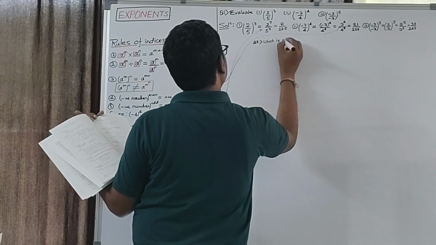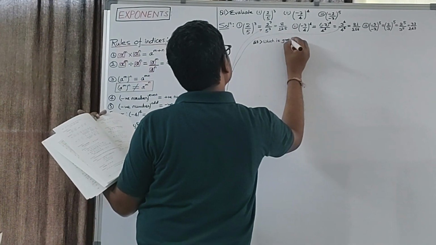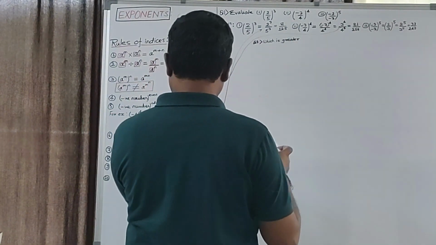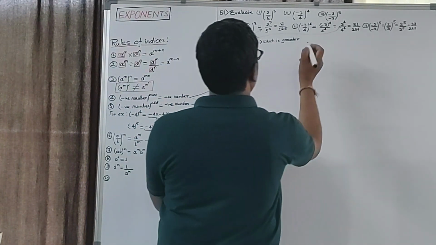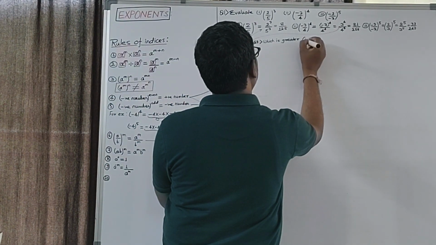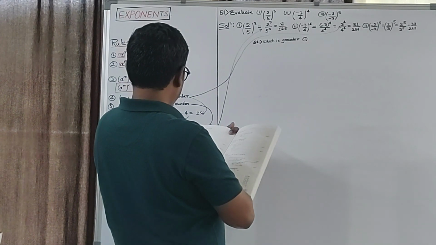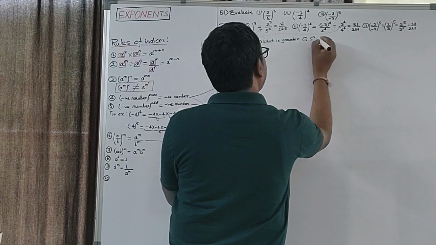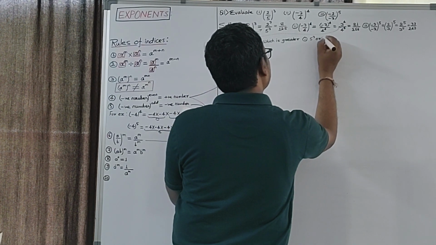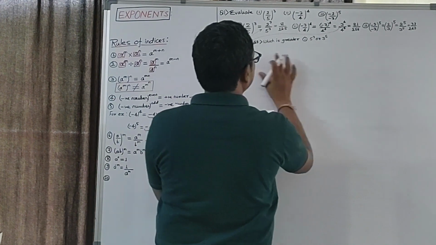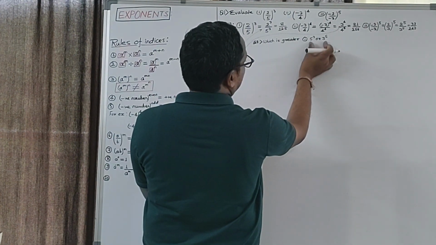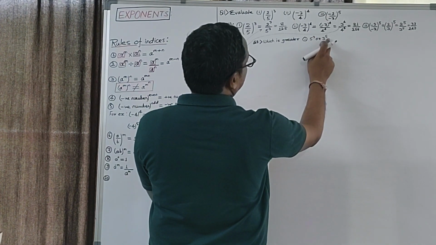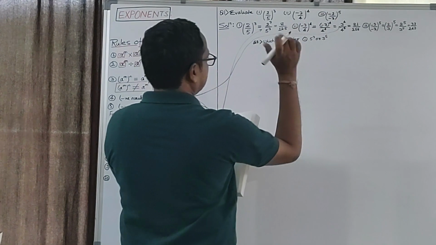As part 1, they have given you two numbers, 5 raised to the power 3 or 3 raised to the power 5. The question being asked is, between these two numbers, which one is greater?